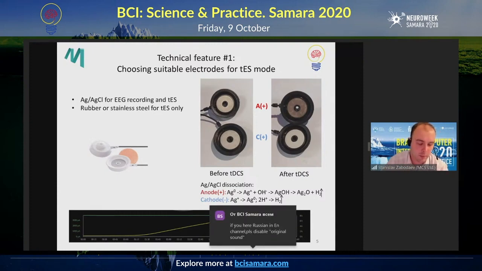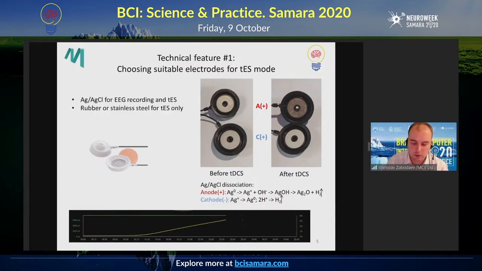Silver chloride-based electrodes that are currently used for EEG for recording. It's what we use, trying to use these AgCl electrodes. And in terms of science, there's no compromise. It's all about silver chloride, and silver chloride-based electrodes can be used for both, but as opposed to stainless steel, silver chloride is first of all a salt.